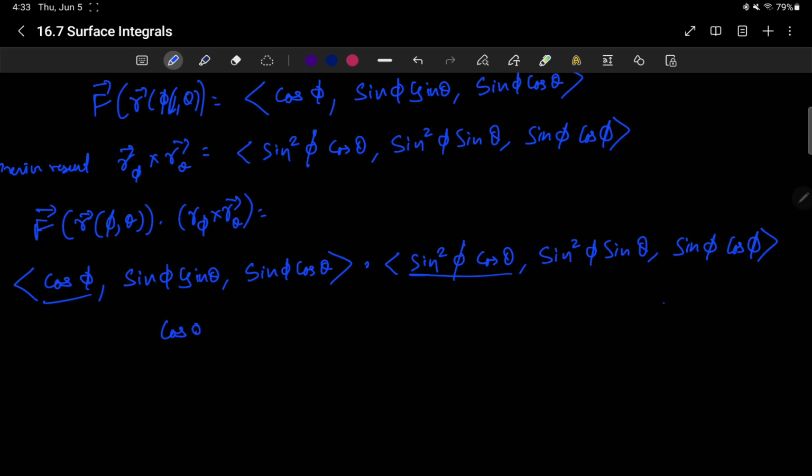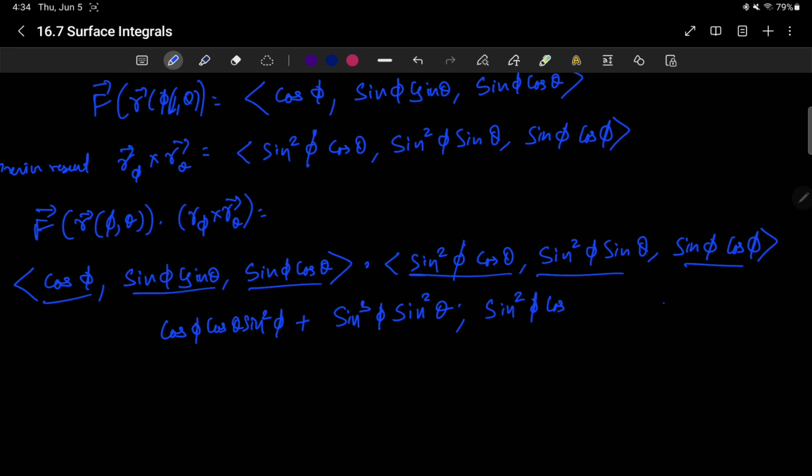What you have is cosine phi cosine theta sine squared phi, plus a sine cubed phi sine squared theta, plus, sorry, a sine squared phi cosine phi cosine theta. These are the same.